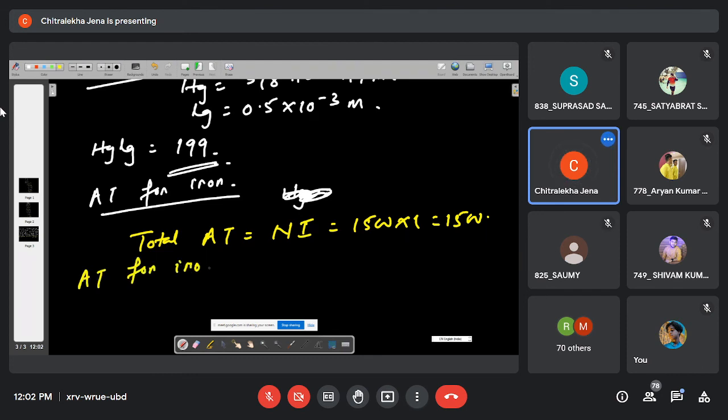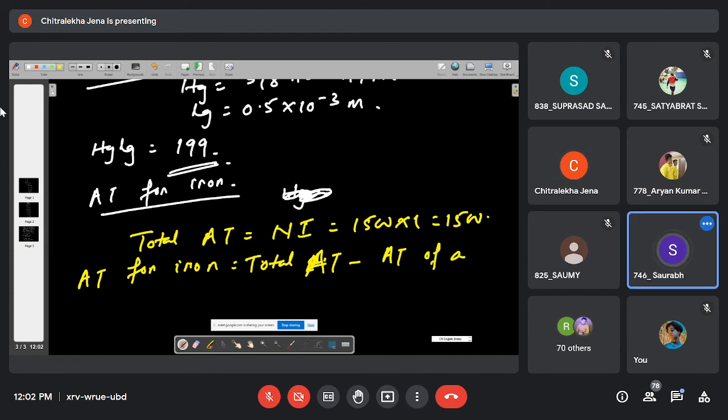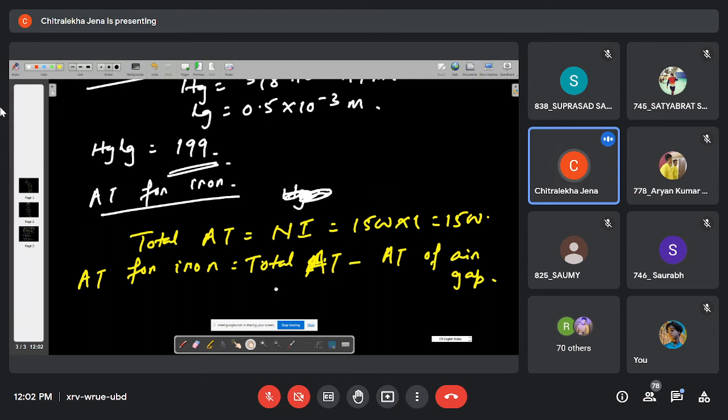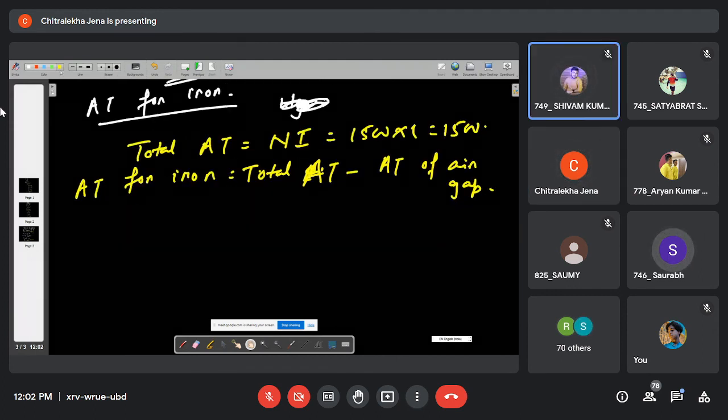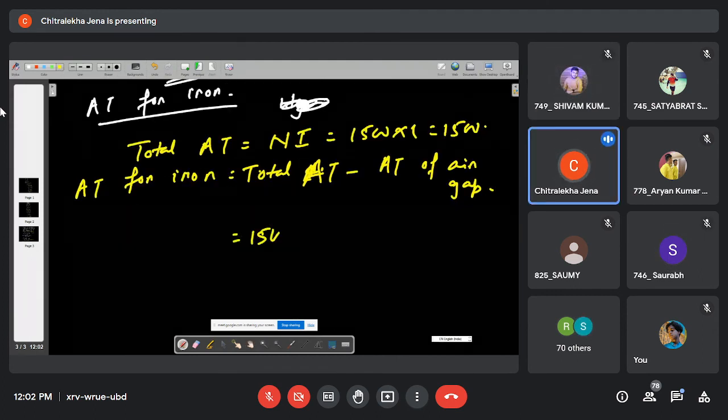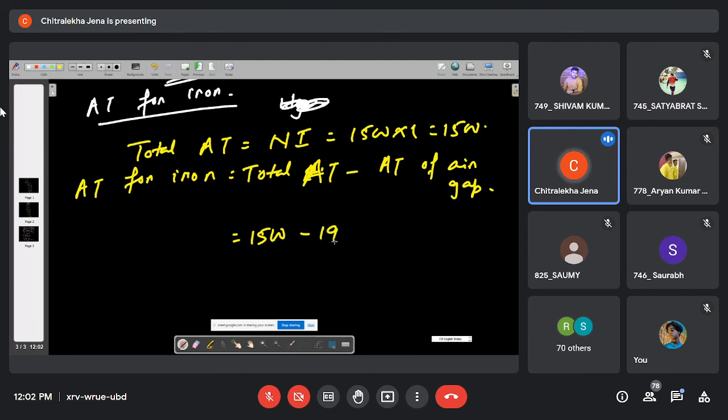Understand properly: ampere turns of iron will be total ampere turns minus the ampere turns of the air gap, 199. Got it or not, all of you? Yes, ma'am. So this will be 1500 minus 199, which is 1301.